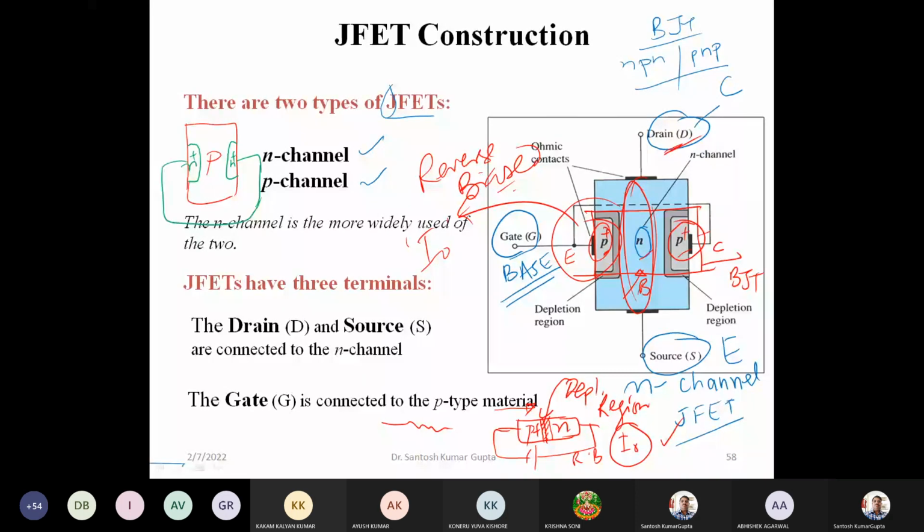These will form the gate, and both ends of this P type material may be called drain and source respectively. So this is the P channel FET, whereas the former was the N channel FET.